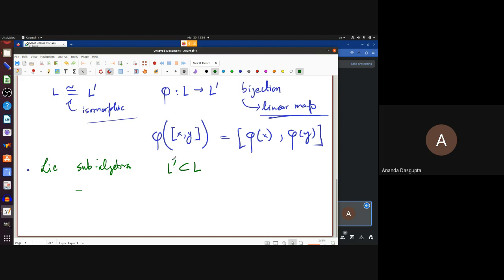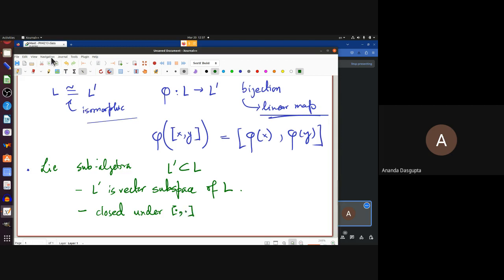That is, one is linear combination. In other words, L prime has to be a vector subspace of L, and these are both closure statements. This is closure under linear combination, and then what you are saying is this, closed under the Lie bracket.